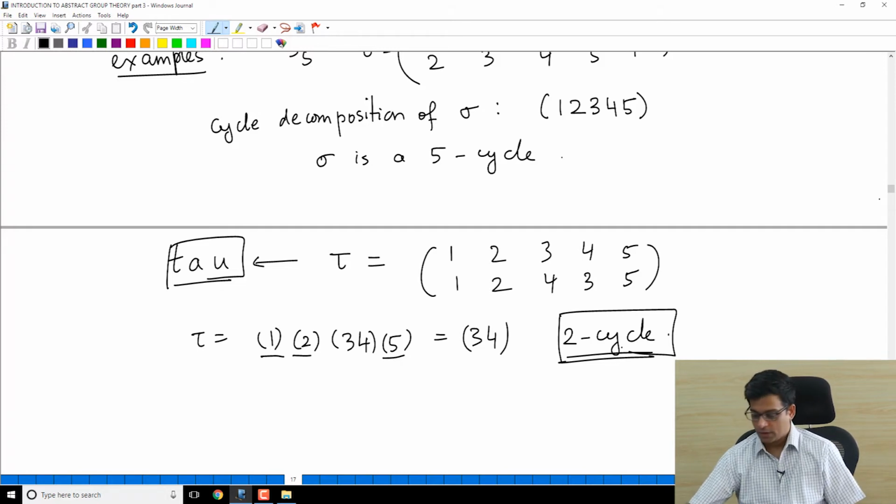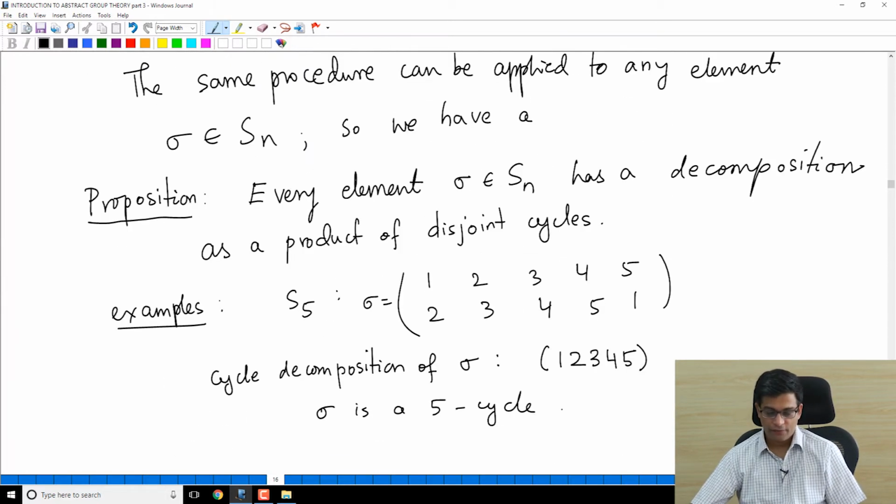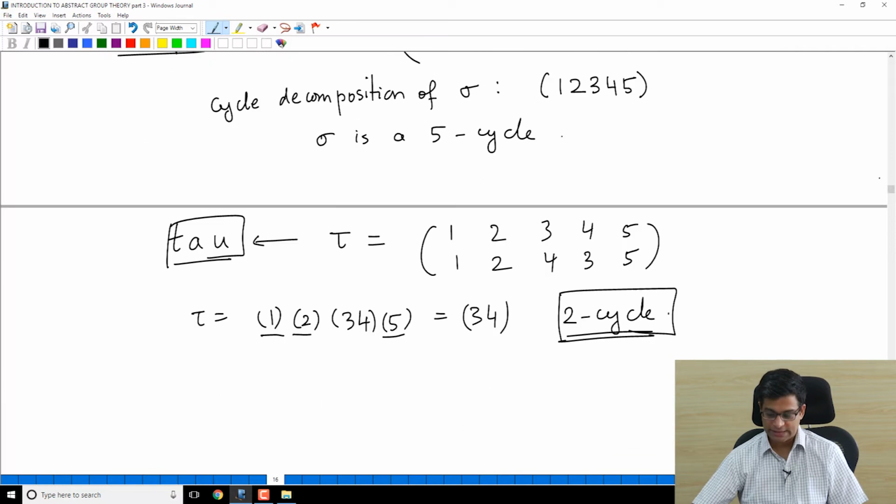So now the general proposition is every element can be written like this. Every element has a decomposition as a product of disjoint cycles.